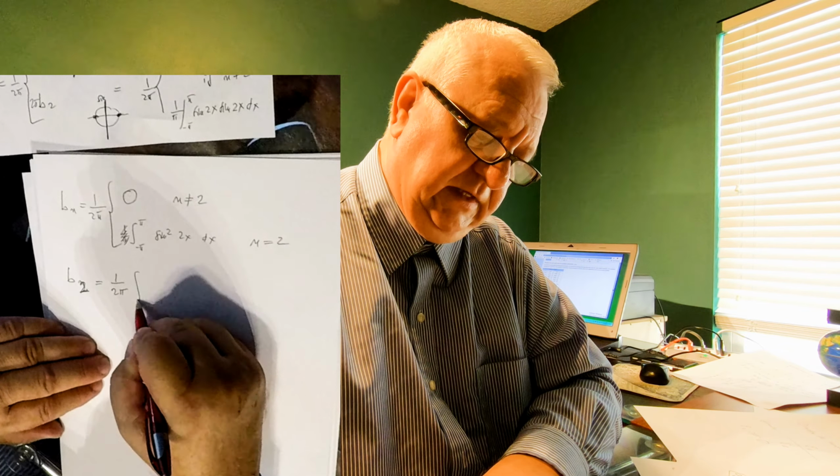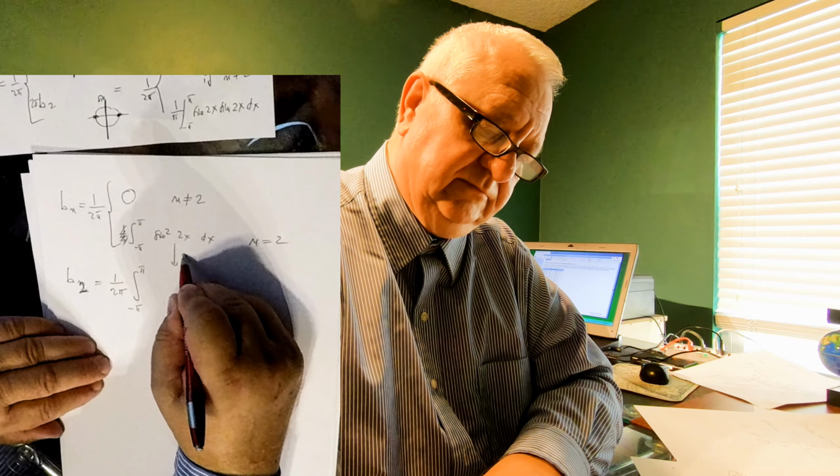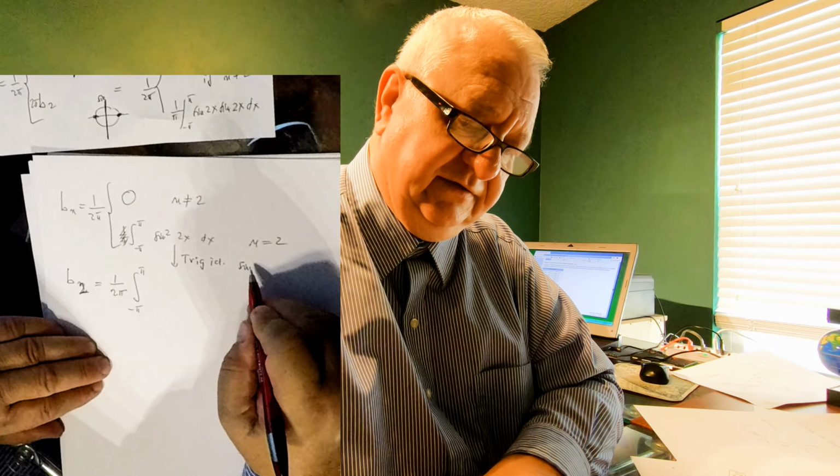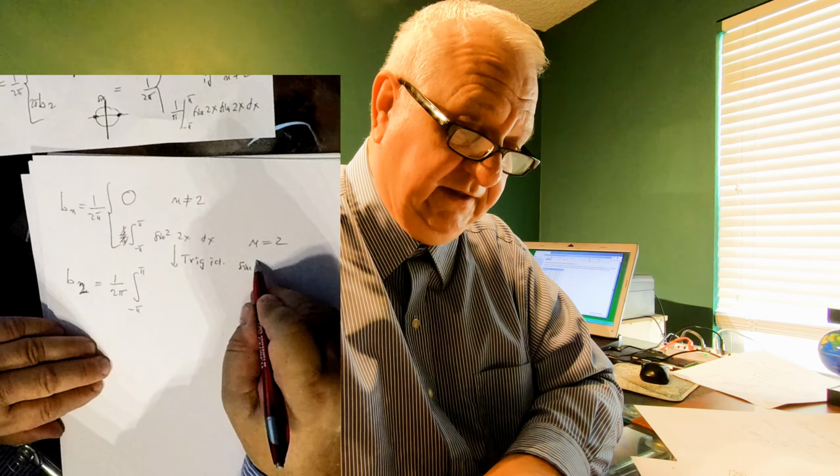I'm going to use a trigonometric identity again, namely sine of half angle alpha over 2 is plus or minus the square root of 1 minus cosine of alpha over 2. I'm going to square it. So I have sine squared is 1 minus cosine of double, 4x, over 2 dx.